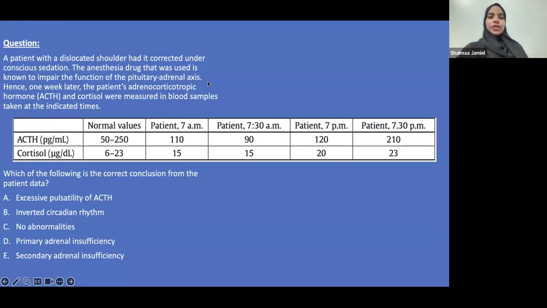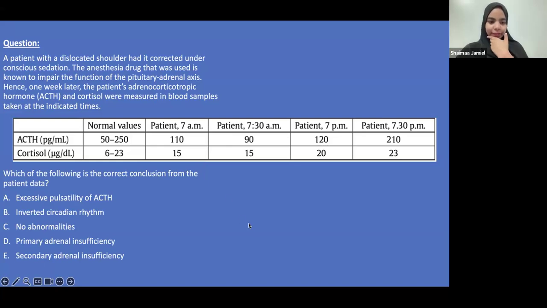Okay, so next question. A patient with a dislocated shoulder had it corrected under conscious sedation. The anesthesia drug that was used is known to impair the function of the pituitary adrenal axis. Hence, 1 week later, the patient's adrenocorticotropic hormone and cortisol were measured in blood samples taken at the indicated times.